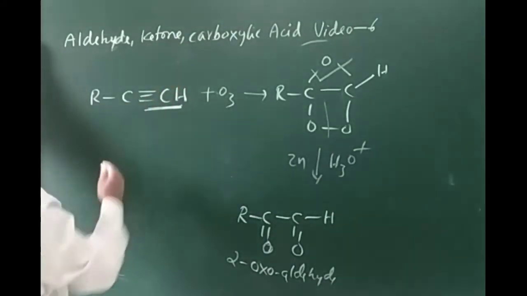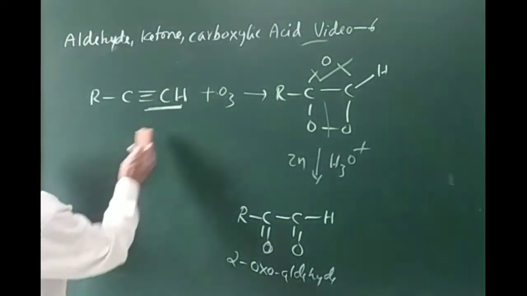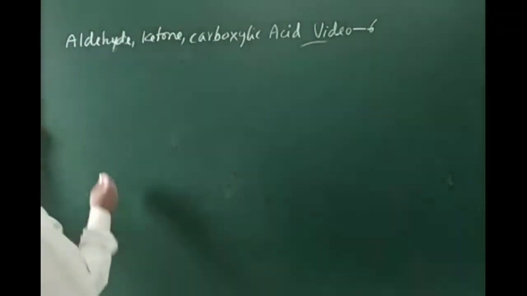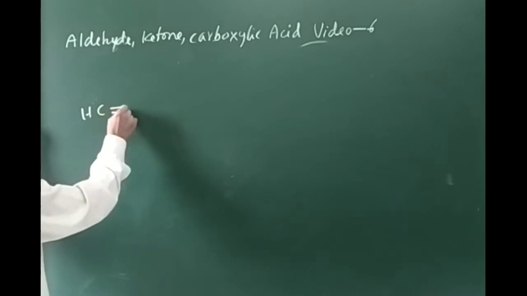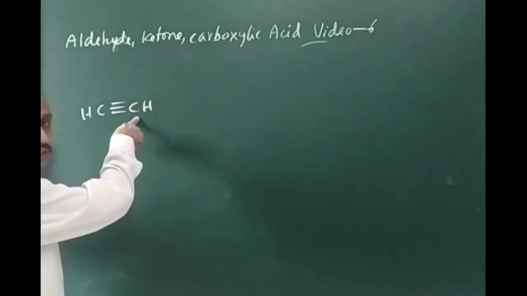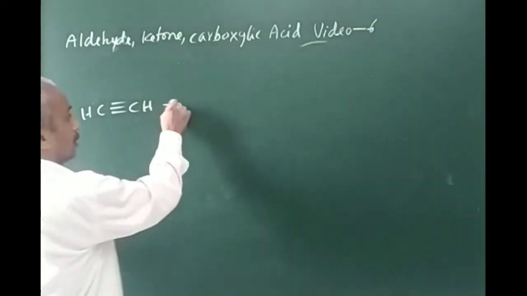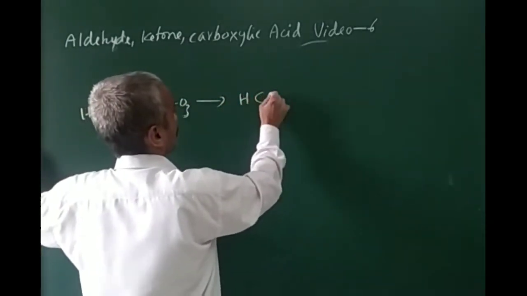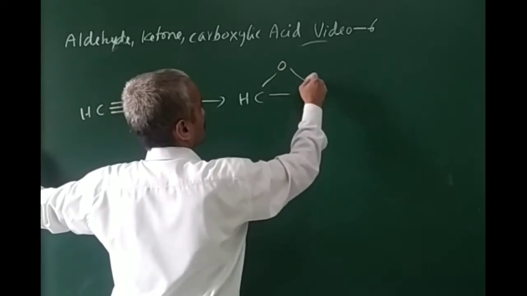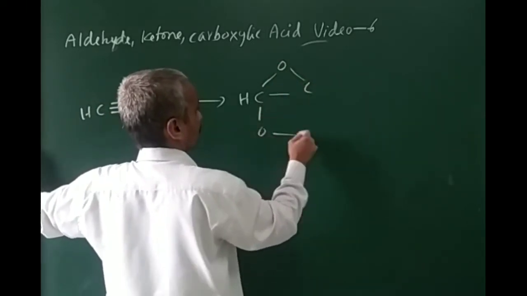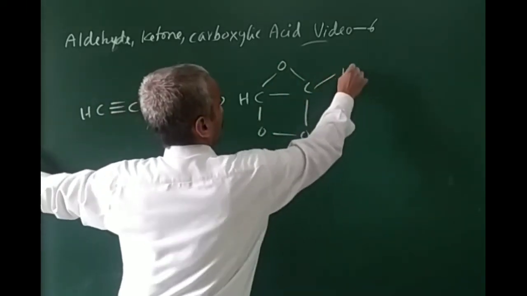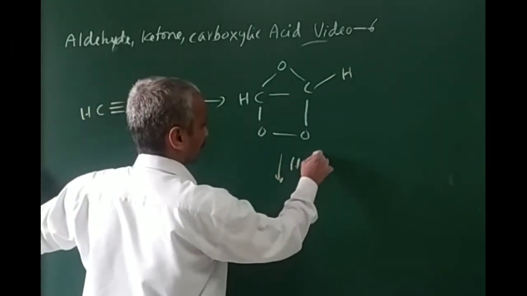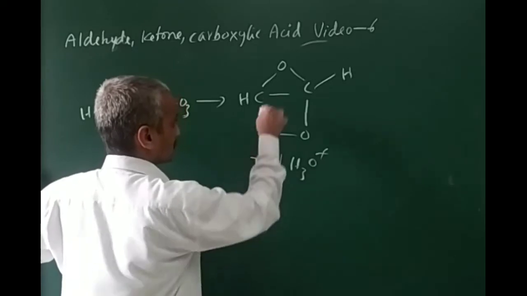Take this example now. Just see this. CH triple bond CH. Terminal carbon, there is a triple bond. Plus ozone gives CH, O, C, O, O, H. Hydrolysis, H3O plus zinc.